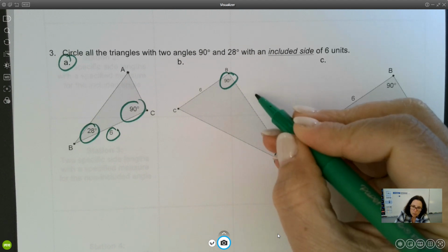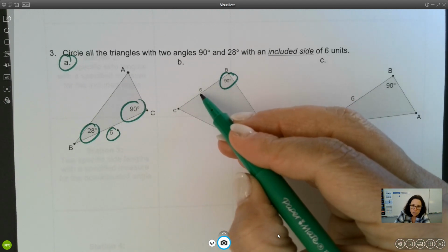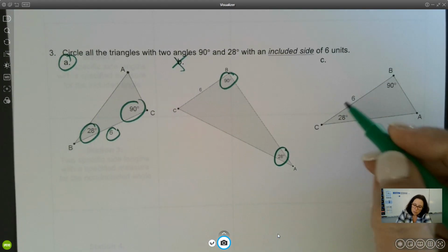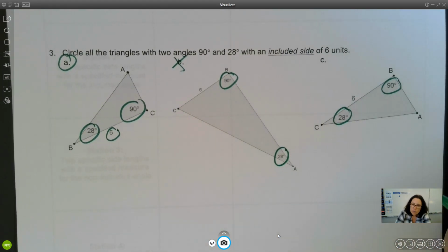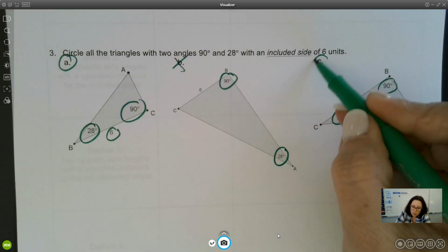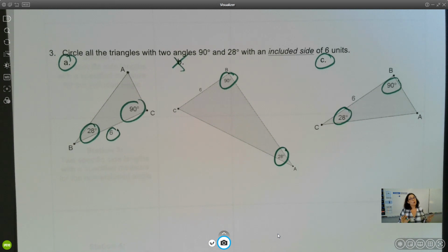Included between would be here. So nope, this one does not work. We've got our 28 degrees and 90 degrees. Included between, 6 would have to be here, so that one works. From those few examples, you should be understanding what included and non-included are.